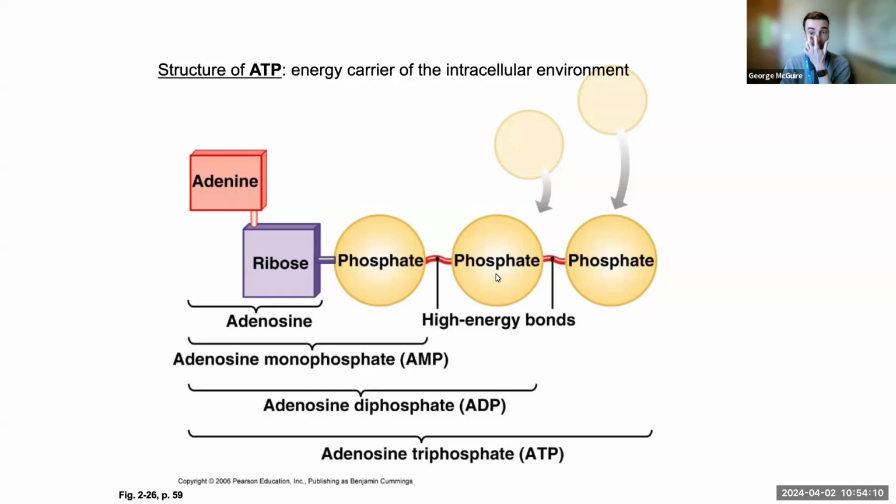Right? It's all based on these phosphate groups. Phosphate is a negatively charged molecule, and it's a polar molecule and does not like being close to each other. And so they are constantly pushing, trying to break apart when they have been forced into these bonds. And so if we break a bond between the second and third phosphate, a lot of energy gets released, and thus work can be done.